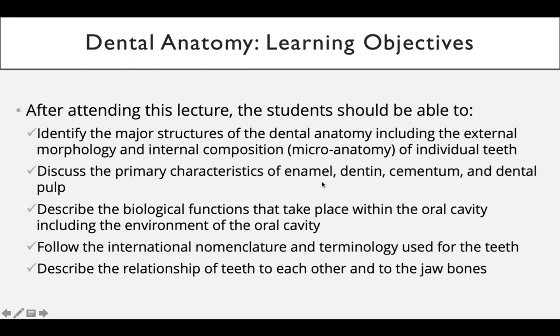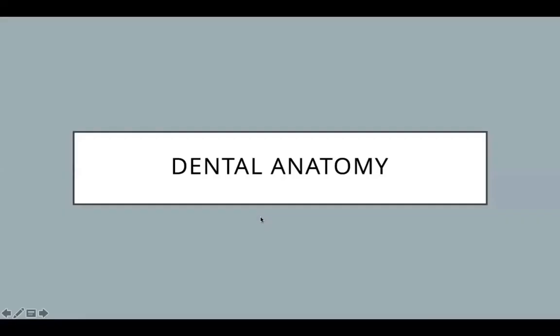Discuss the primary characteristics of enamel, dentin, cementum, and dental pulp. Describe the biological functions that take place within the oral cavity, including the environment of the oral cavity. Follow the international nomenclature and terminology used for the teeth, and describe the relationship of teeth to each other and to the jawbone. So this is our learning objective for this class.